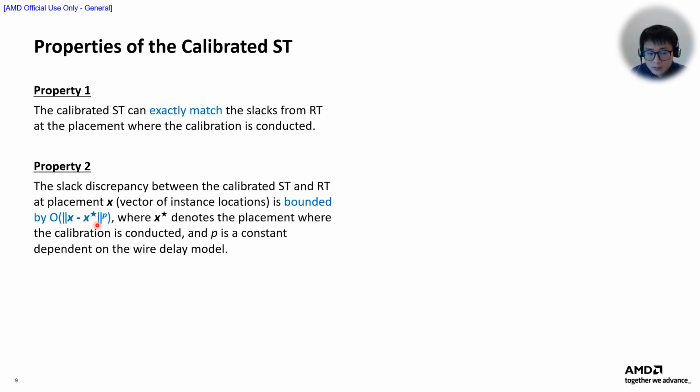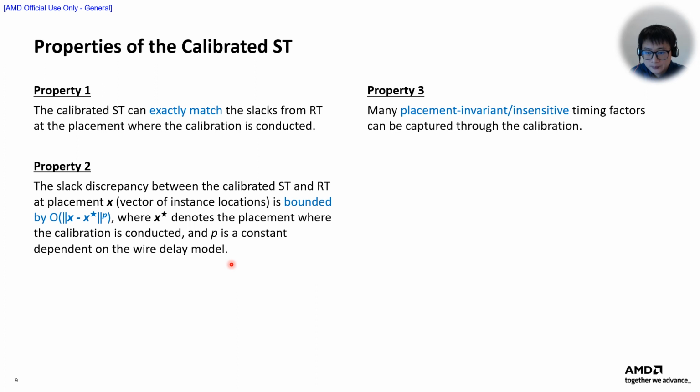This displacement is defined with respect to the placement where the last timing calibration is conducted. And p is related to the wire delay model. For example, it is 1 for linear delay models and 2 for quadratic delay models.